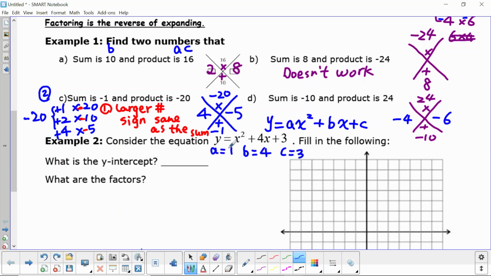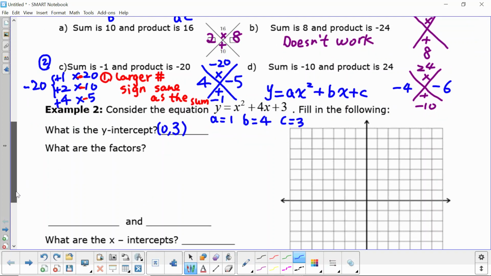No number in front of x squared means 1. So a is 1. And b is the number in front of x, which is 4. And c is the constant, 3. So from this standard form, we can find the y-intercept directly. The y-intercept is your C value, so it's 3. And if we write it as a point, it will be (0, 3).